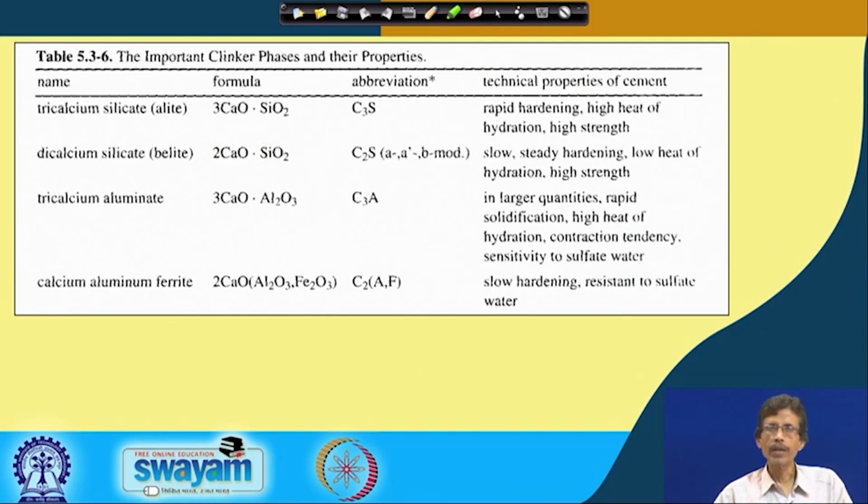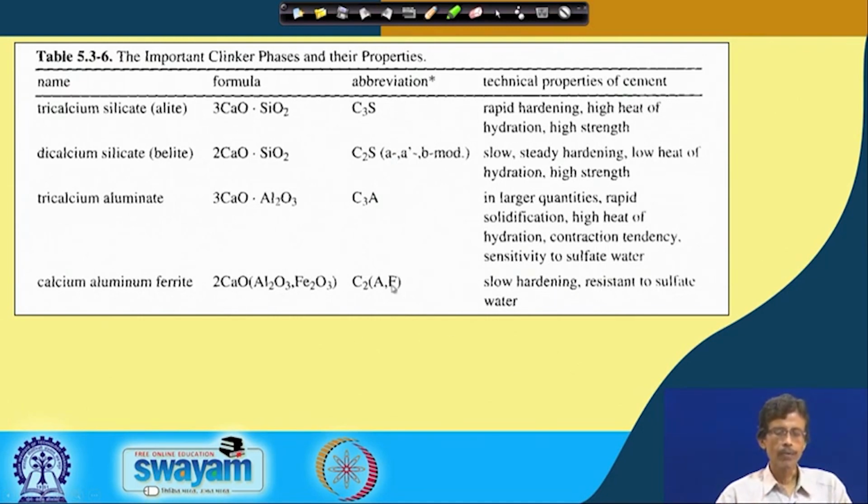So we should be very careful to know how much sulfate is there in the water used for making concrete with C3A. Then you have C2AF, or C2FA, the dicalcium again, with alumina as Al2O3 and iron as Fe2O3. It is again slow hardening and resistant to sulfate water, so it will not react with the sulfate present in the water.